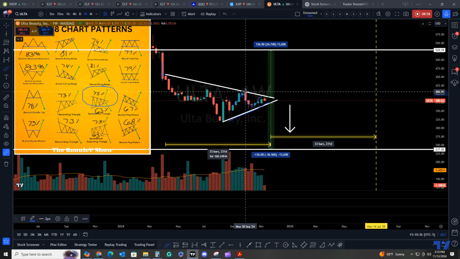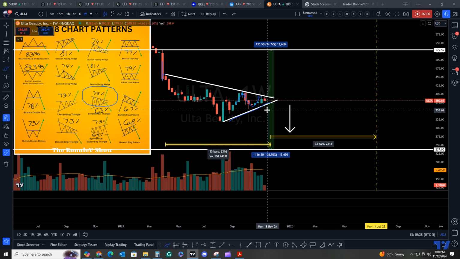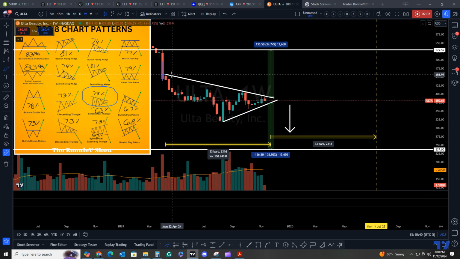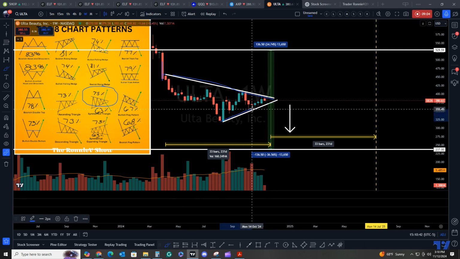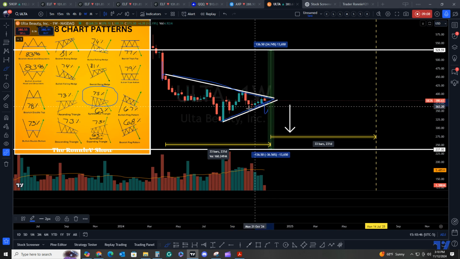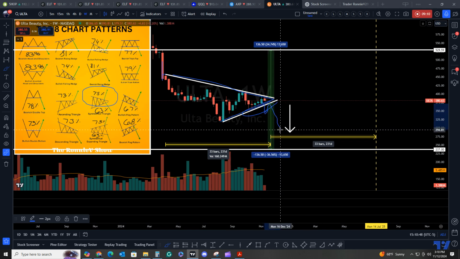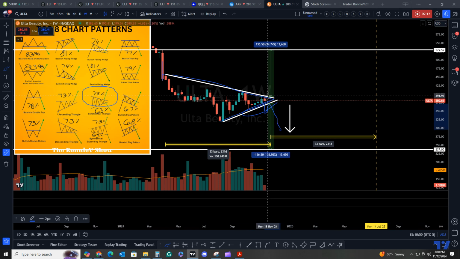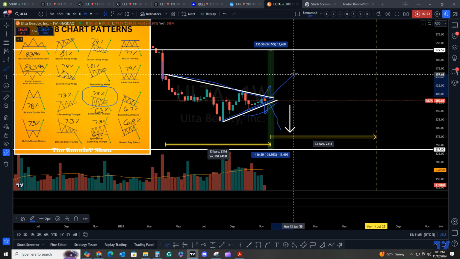Every time you hit up here, you reject, you reject, you reject. If you break support, this will become resistance. You'll come up and bounce off it, and 80-90% of the time it goes lower. This line right here is resistance, and once you break through that, 80-90% of the time you'll come back and retest it. And then if it's successful, you'll go higher.